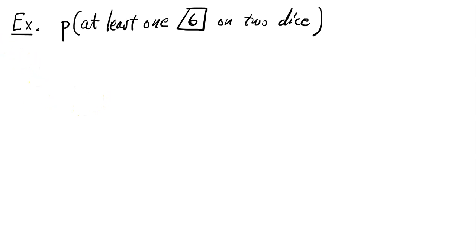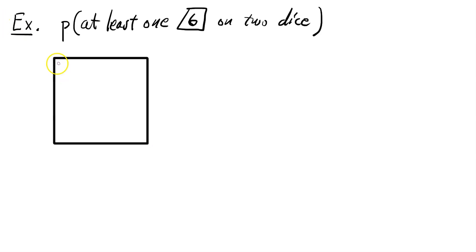So let's now go back to what we did before, which was to make a table. So we put here 1 2 3 4 5 6, and for the blue die 1 2 3 4 5 6.